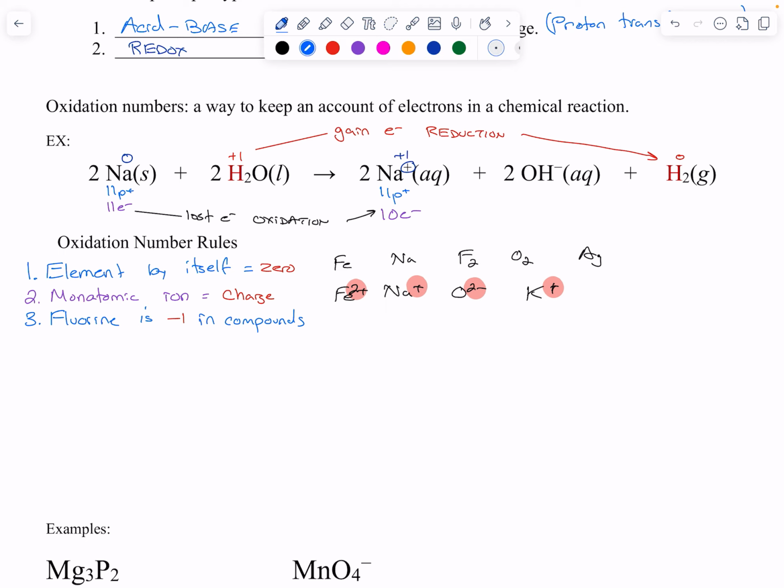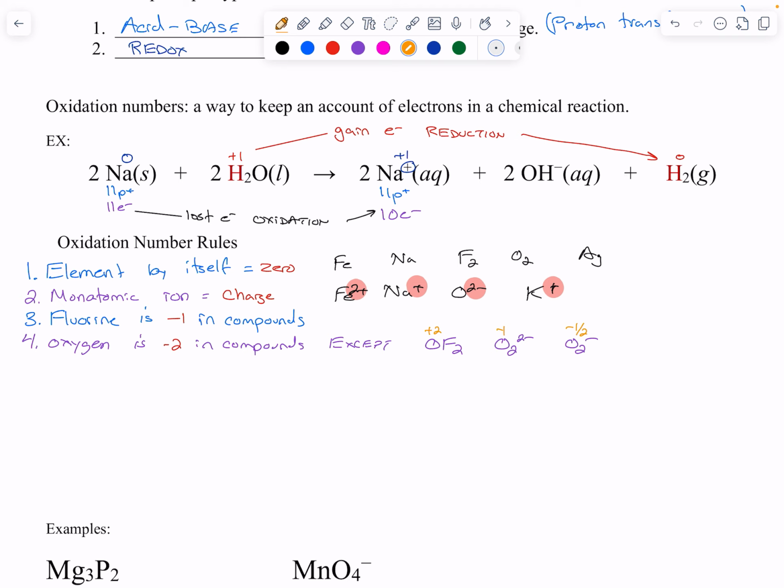Number 4, oxygen is -2 in compounds, except, what? OF2, peroxides, superoxide. There's also the hydroxyl radical, which I'm not going to write down, but those are some examples. And we have oxygen here being actually +2, -1, and -1/2.